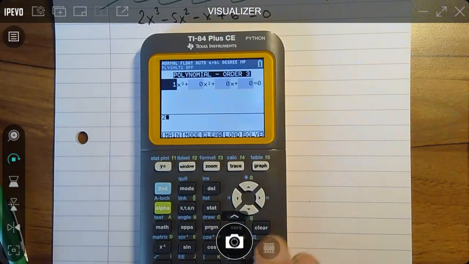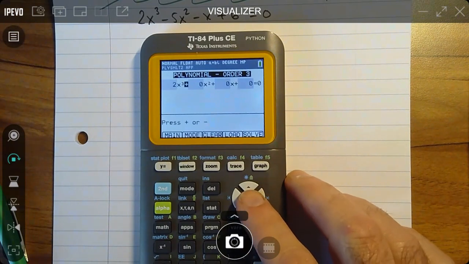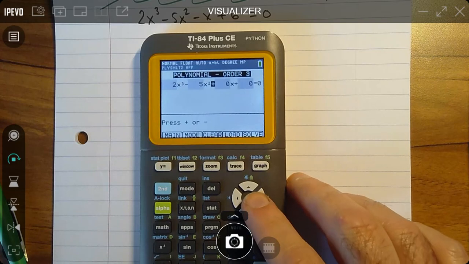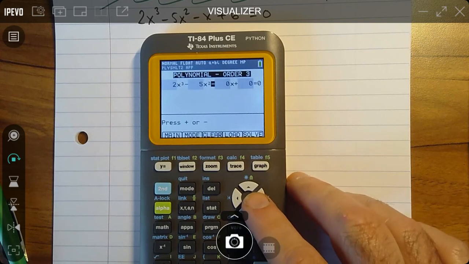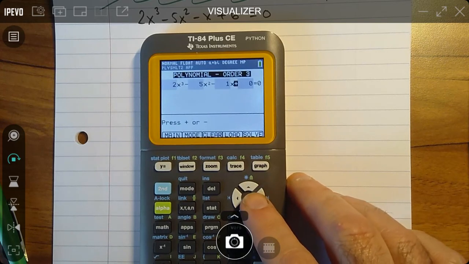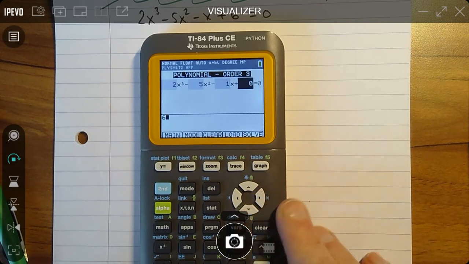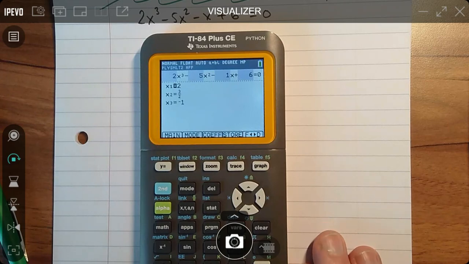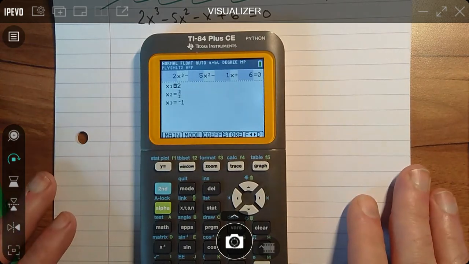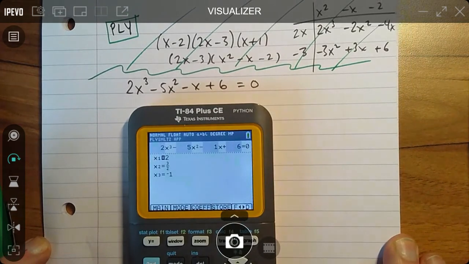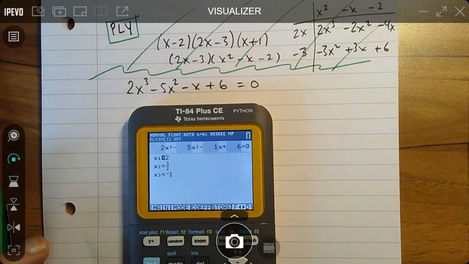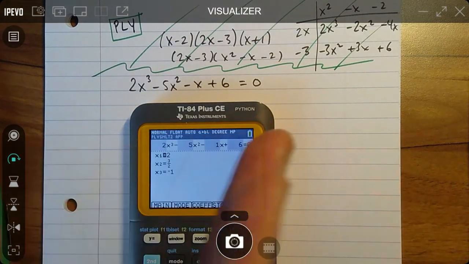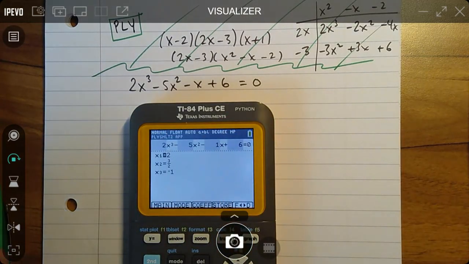We have 2x cubed minus 5x squared minus 1x plus 6. Solve, and our answers are 2, 3/2, and -1, which up here we could see clearly were the answers we were headed towards. So that's cool, and there's much applause. That was excellent. PLYSMLT, good job, buddy.